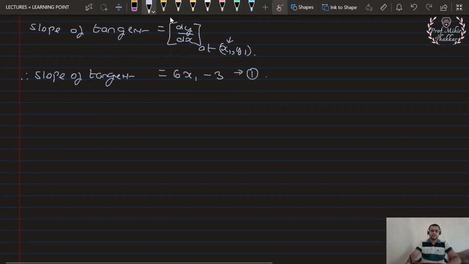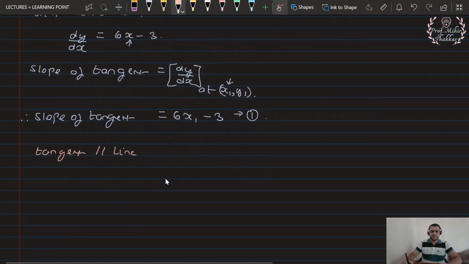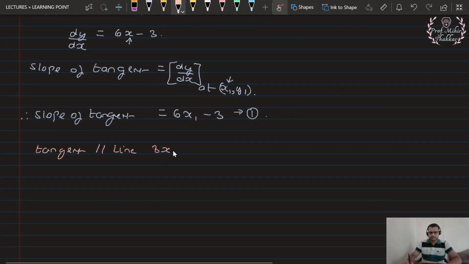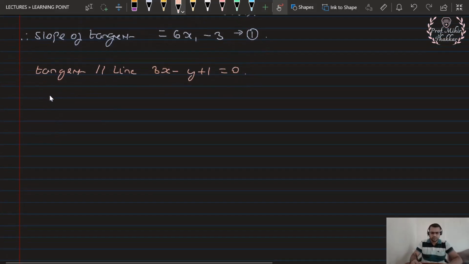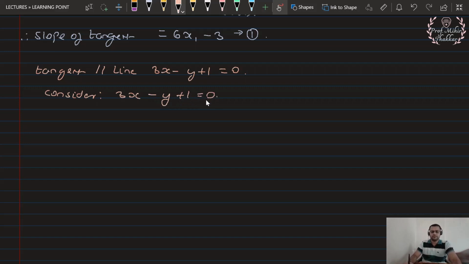Now, we know that tangent is parallel to the line 3x minus y plus 1 is equal to 0. So consider 3x minus y plus 1 is equal to 0.